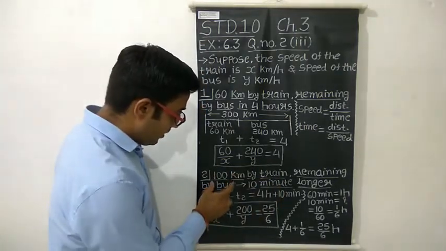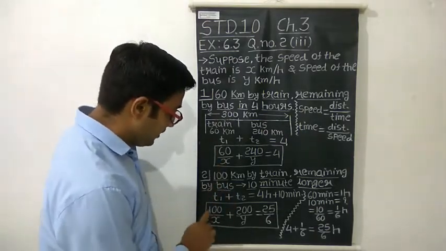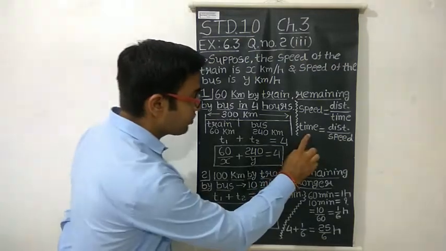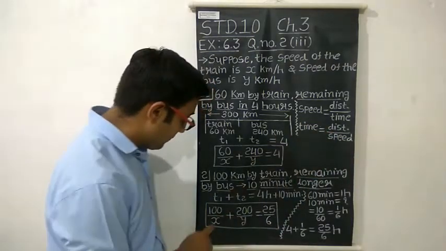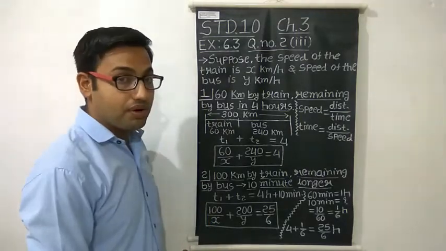So the time taken by the train is distance over speed. According to this formula, time is equal to distance over speed. Distance is 100 km and speed is x km per hour.